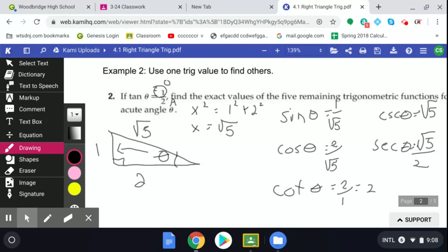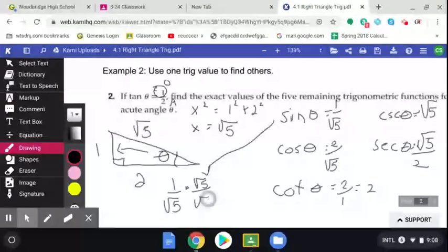Now, just keep in mind that for sine theta, if you have 1 over square root of 5, the general rule is that you should not have a radical in the denominator, so you have to do something called rationalize, which means in this case you need to multiply top and bottom by radical 5.